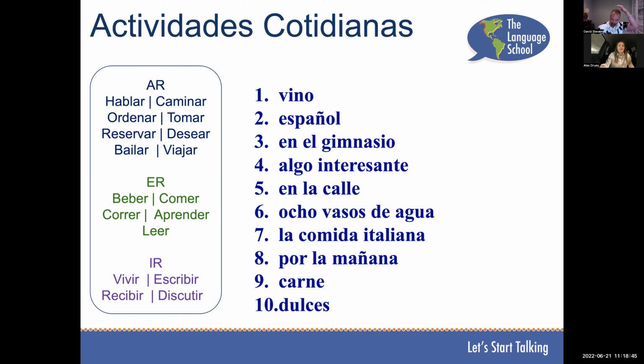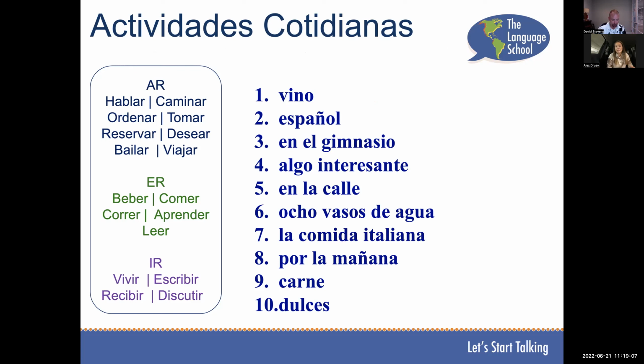Bien, sigue. ¿Bebes vino? No, no bebo vino. ¿Aprendes español? No aprendo español. Soy maestro de español. Yo enseño español. ¿Corres en el gimnasio?